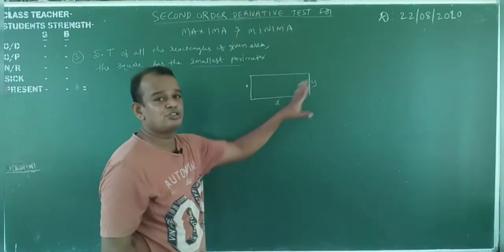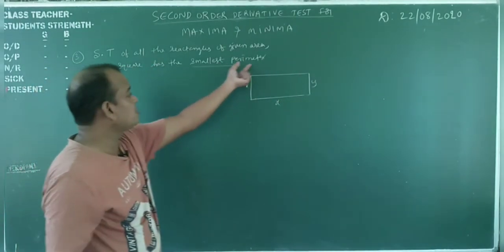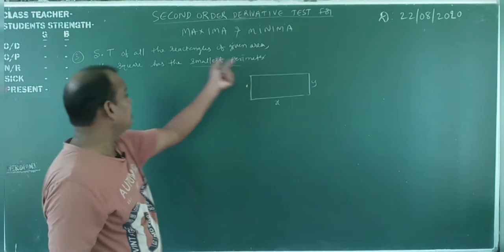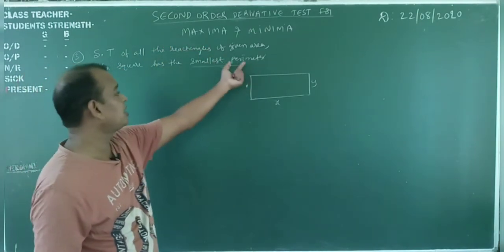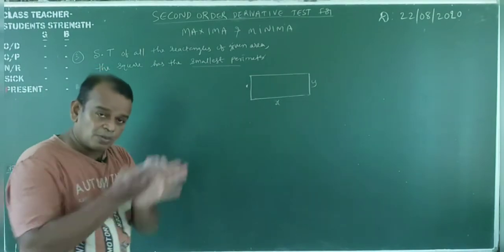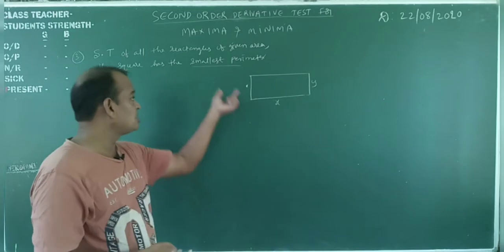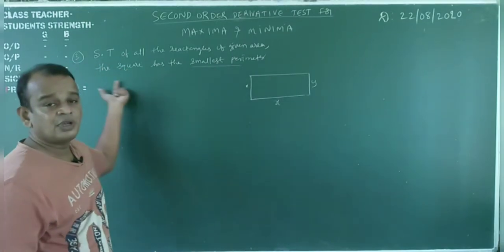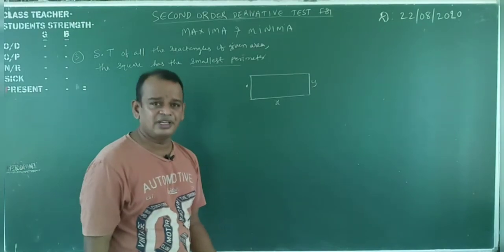Means you have to show that x is equal to y. What is the function here? Perimeter of the rectangle is the function. You do the process: first order derivative, second order derivative. Whenever this is the smallest, automatically it is a square, and for a square you have to show that x is equal to y. That is enough, my dear students.